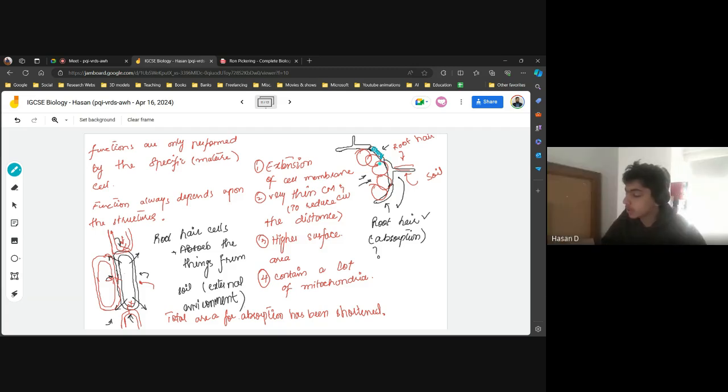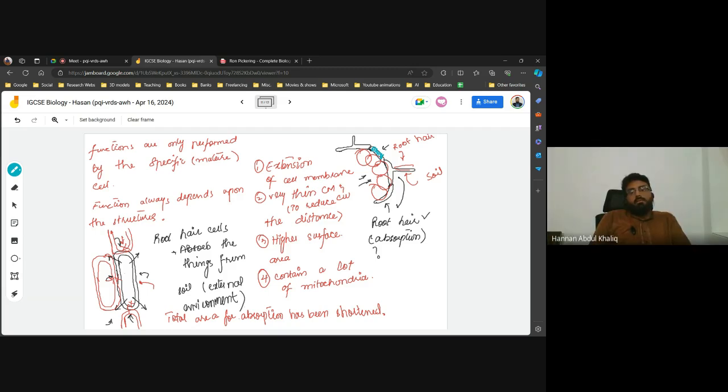Like for example, that part it's lacking, the blue part, increases the surface area. So the higher the surface area, the more areas where you can take in minerals and water from the soil.